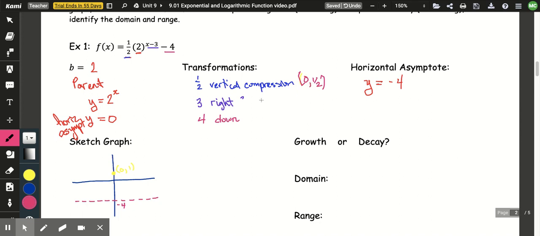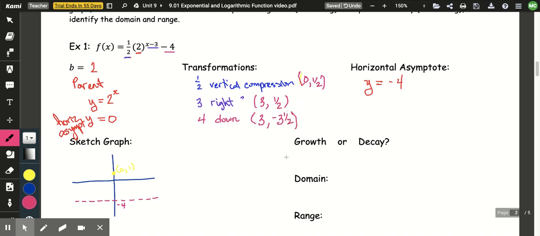Okay, then if I move it to the right 3, that means I have to add 3 to the x value from that point. So 0 plus 3 would give me 3. So now I'm at 3, 1/2. Then if I move it down 4, I have to subtract 4 from the y value at that point. So 1/2 minus 4 would be -3.5.